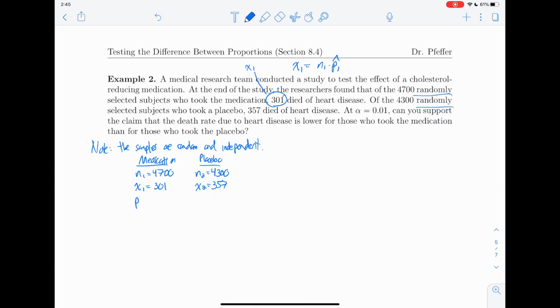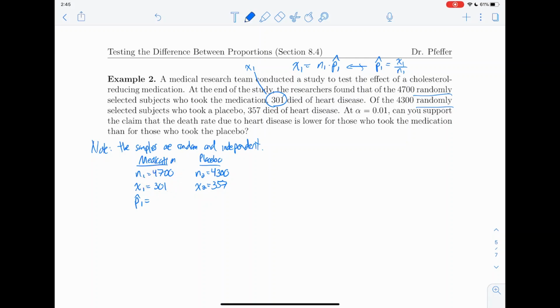Let's see, the P1 hat, how do we compute that? Look at this formula up here. It's clearly P1 hat is equal to X1 over N1. And so if we compute that quotient here, we're going to get a very small number.